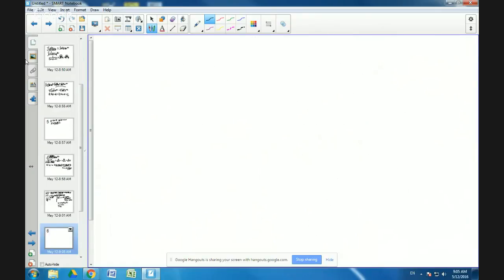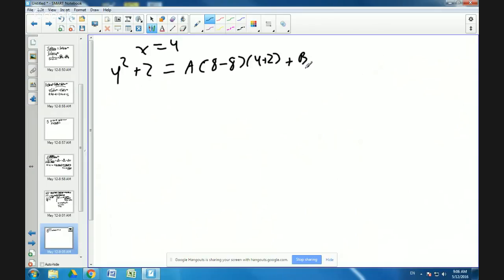All right, now we're going to go to a new page. That one's getting filled up. And this time, we're going to set x equal to 4. So now we have 4 squared plus 2 equals a times (8 minus 8) by (4 plus 2) plus b by 3 times 6 plus c by 3 by (8 minus 8).